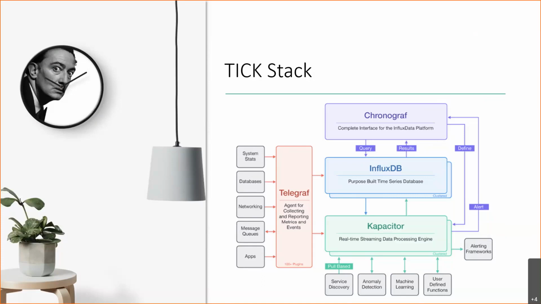It also has some output plugins to send metrics to a variety of databases, services, and message queues. So it's not only InfluxDB; it can be something like Graphite, OpenTSDB, Datadog, MQTT, and many others.